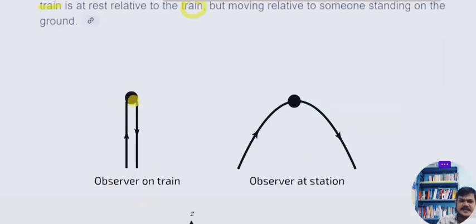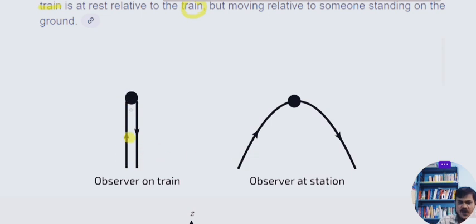Let's say the person on the train drops a stone outside. The person on the train will observe the stone falling vertically downward, but the person standing outside the train will observe the stone's motion as parabolic. Clear? Observation at the station, observation on the train.